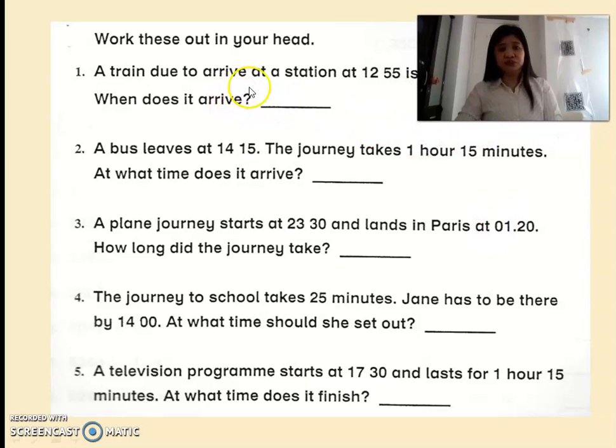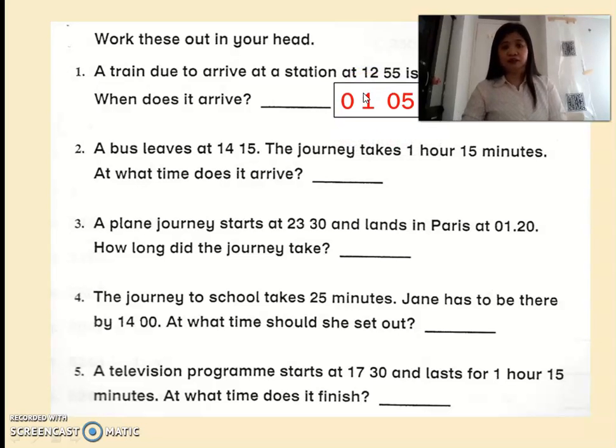A train due to arrive at the station at 12:55 is 10 minutes late. When does it arrive? When it's late, there will be an additional 10 minutes, according to the problem. So 12:55 plus 10 minutes, the answer will be 1:05.